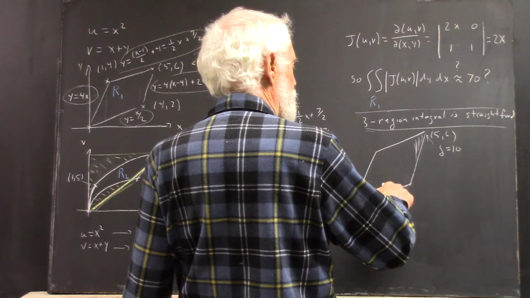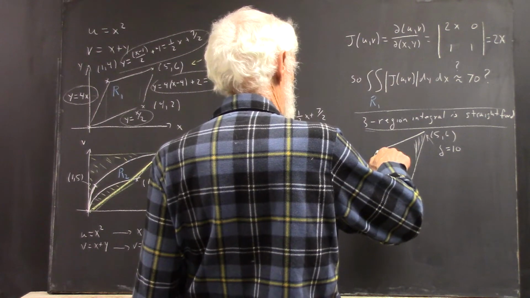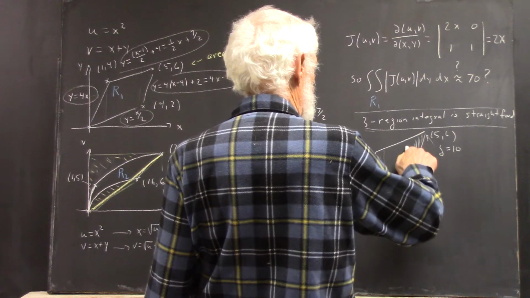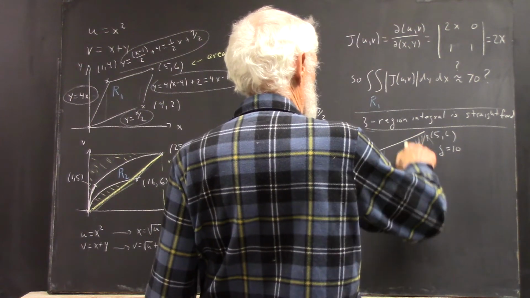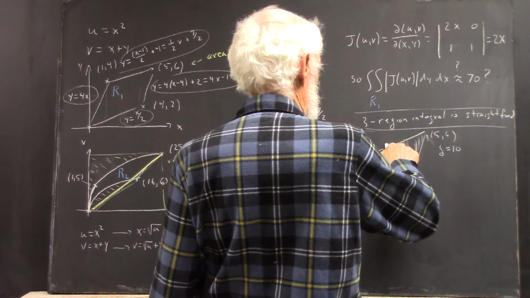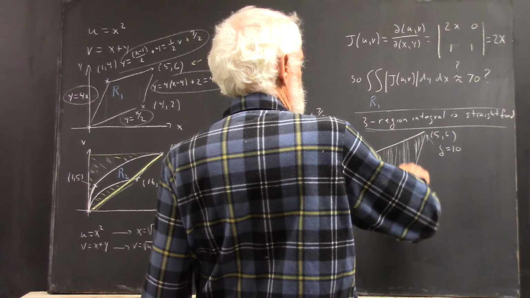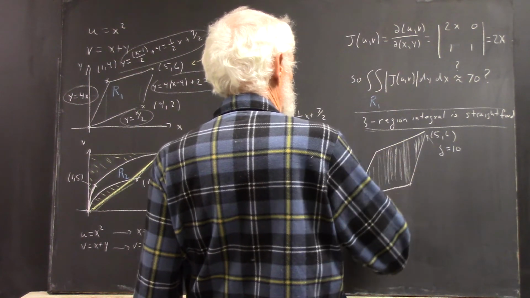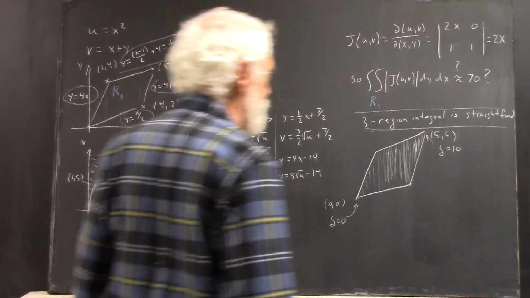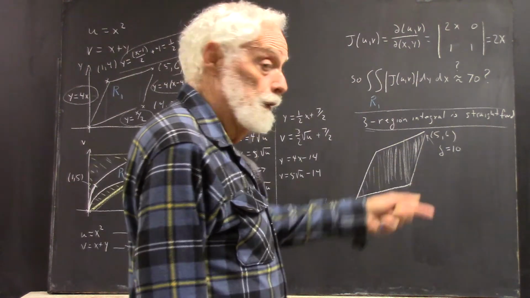Then I'm going to space the vertical lines a little more closely when I get out here. And then it gets dense, and the lines get closer together as we move out here, and they space further out as we go in this direction. Not a real good depiction, but to get the idea.